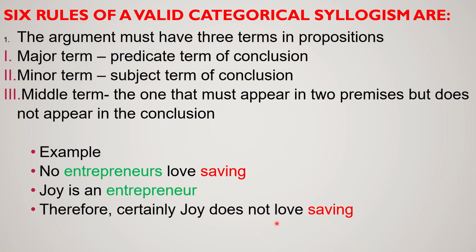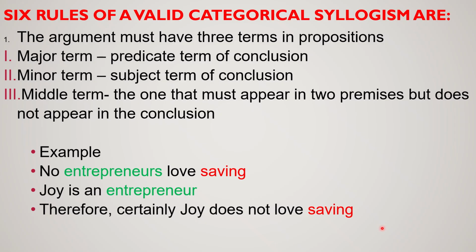Therefore, certainly Joy does not have saving. What do we mean here? We have excluded all entrepreneurs from having saving. Then we have gone down to be specific. We are looking at Joy as an individual, as an entrepreneur. And if no entrepreneur has saving, now Joy is an entrepreneur, therefore certainly Joy does not have saving.